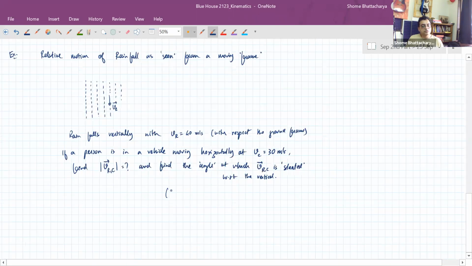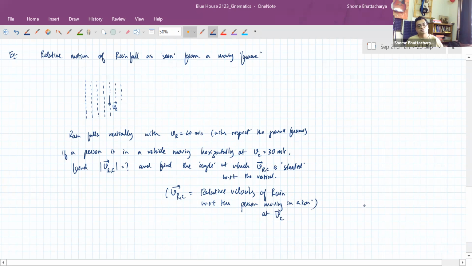Okay. So here, this quantity is the relative velocity of rain with respect to the car, or with respect to the person, moving in a car with a velocity of vc.